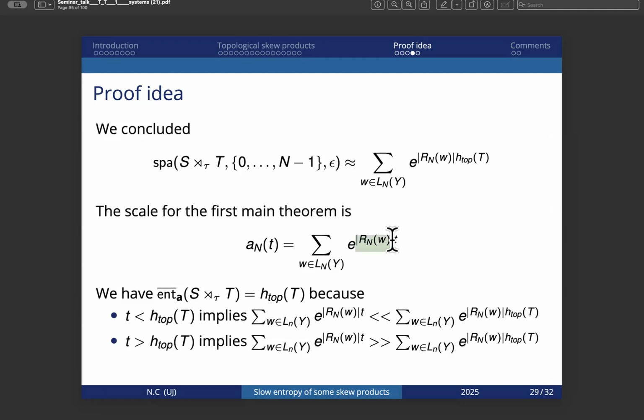In that case, you have uniform growth of these numbers as n grows, uniform in the sense that for all words, the range grows. Now take 100 copies of the same system, so take a disjoint union. In the first one, you take your cocycle for which the range grows, and in the other ones, you take the constantly zero cocycle.